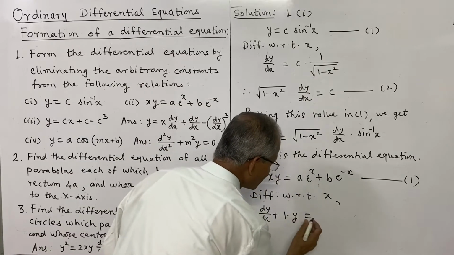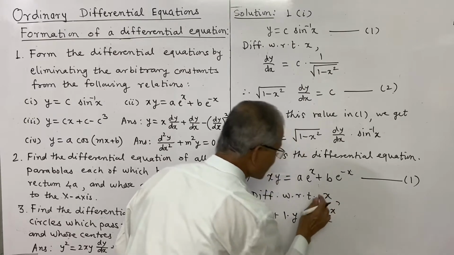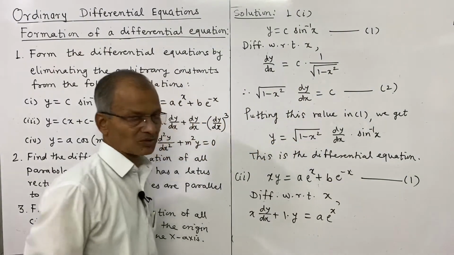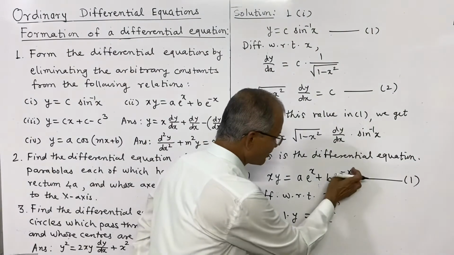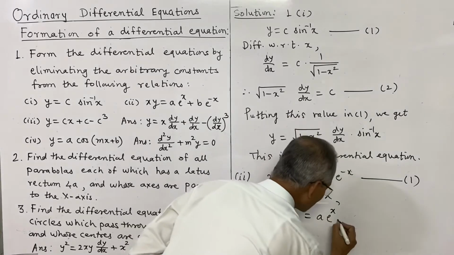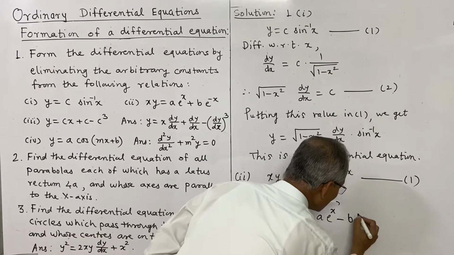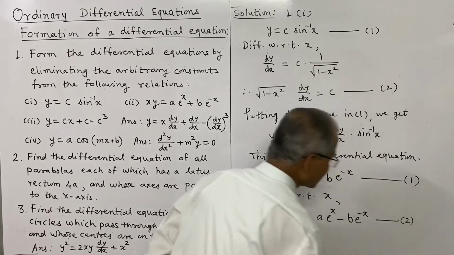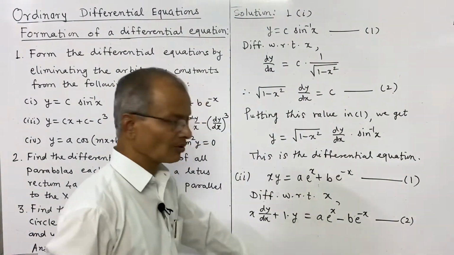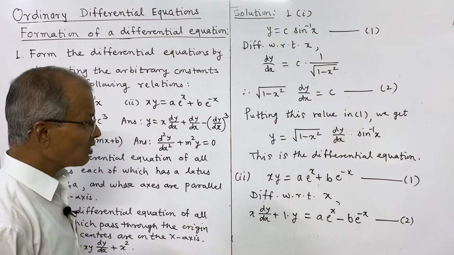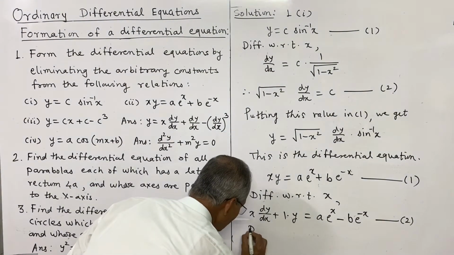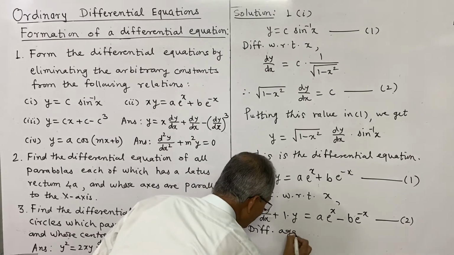On the right side, a is constant and the derivative of e^x is e^x, and for b, the derivative of e^(−x) is e^(−x) into the derivative of −x, that is −1, so the second term is −b e^(−x). We call this the second relation. You should note it. Because there are two arbitrary constants, we have to differentiate two times. Again differentiate with respect to x.